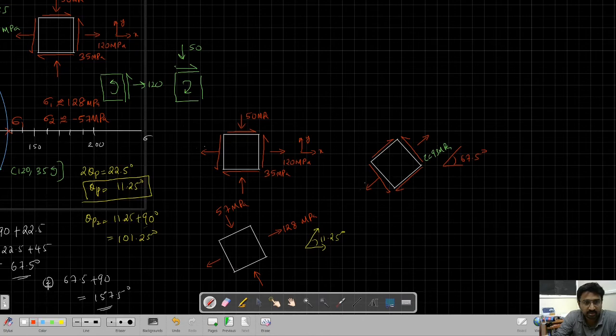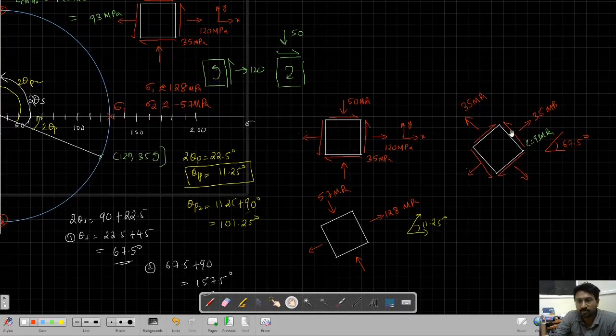So what I am getting is 35 MPa tensile stress here, also a 35 MPa tensile stress here. So this is the orientation, this is basically the stresses when we take a stress block with 67-degree orientation.